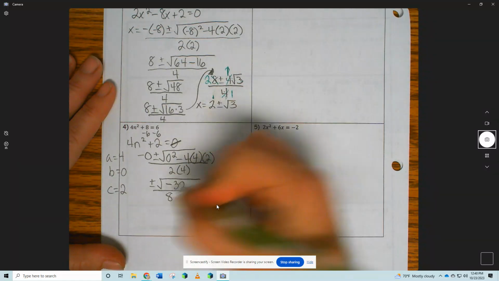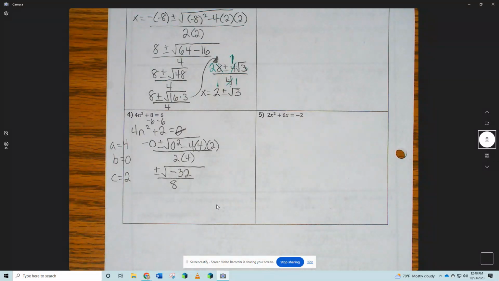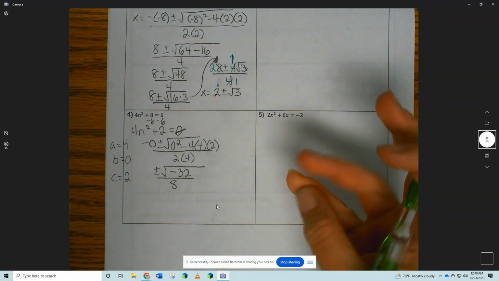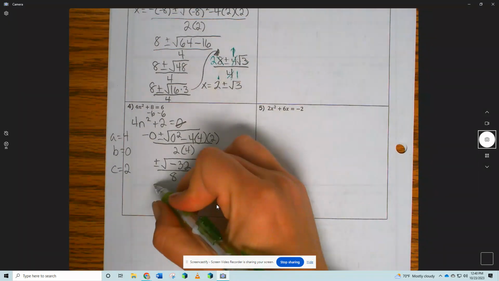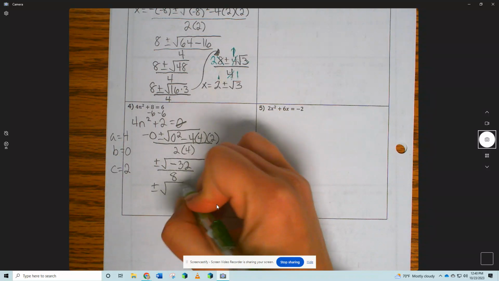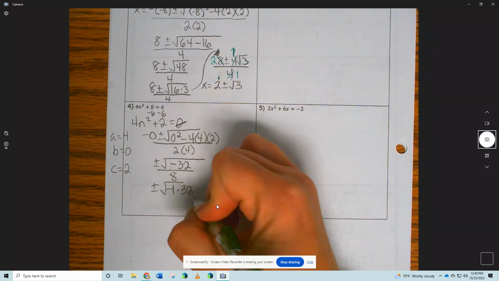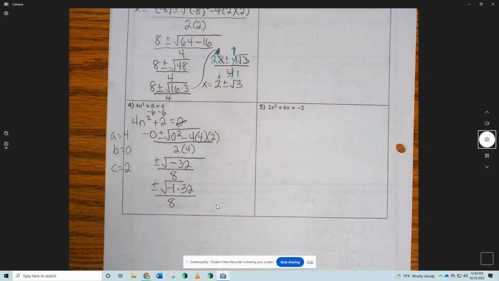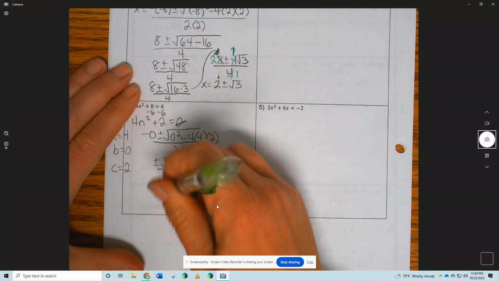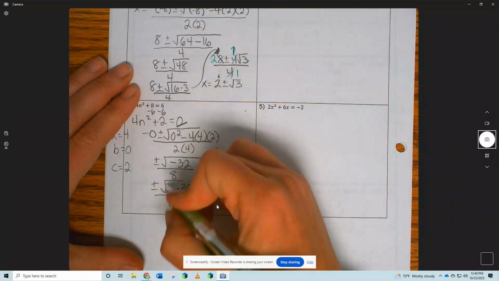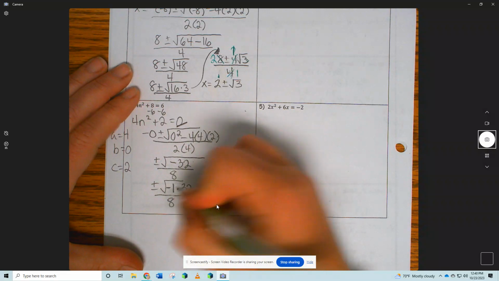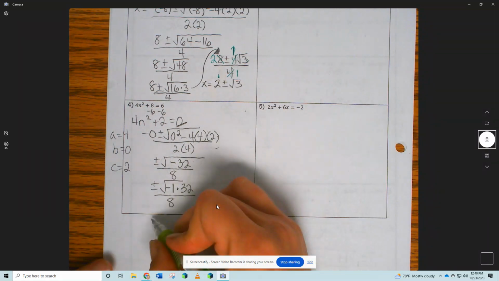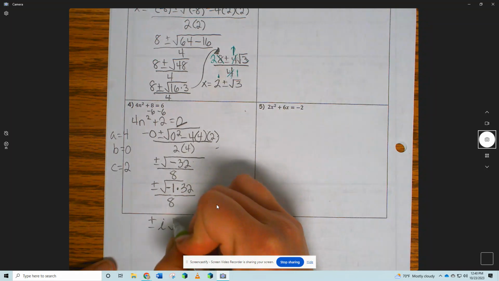All over 8. Okay. A negative underneath the square root. Break it apart. And honestly, 32 can even go more, but for now, let's just do this. Negative 1 times 32. So it's going to be plus or minus i rad 32.